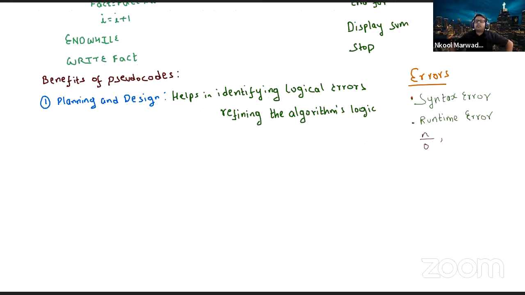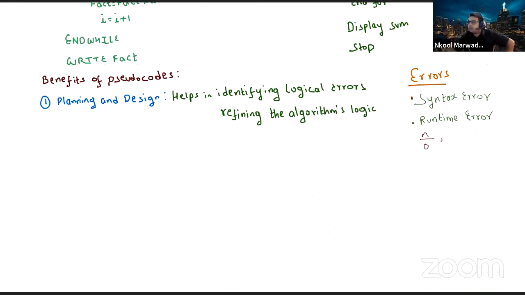Runtime error means the program is not having any syntax error or logical error, but it is unable to run because n by 0 is not possible, and hence it will throw a runtime error.